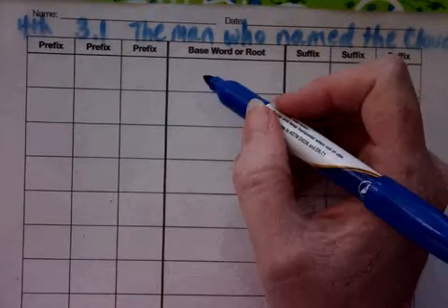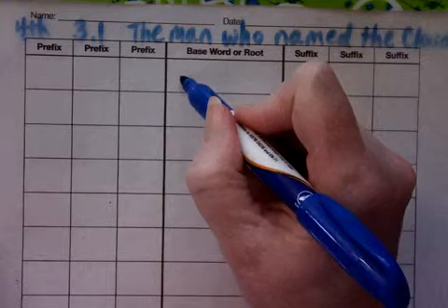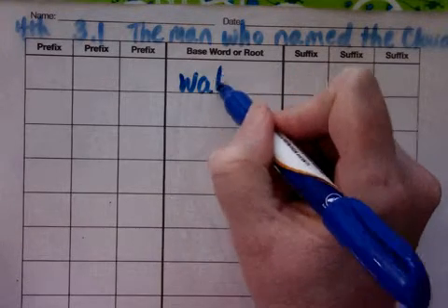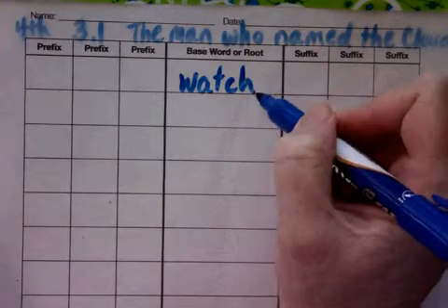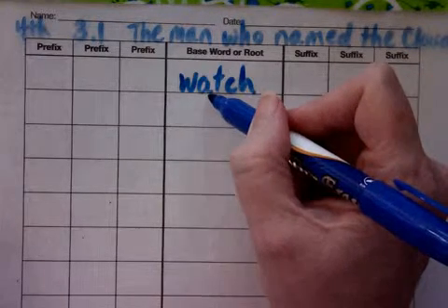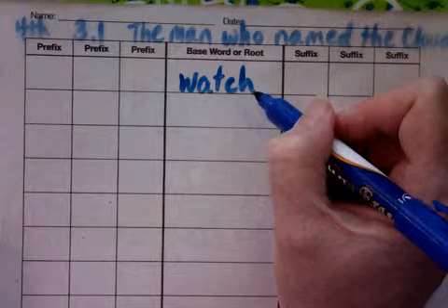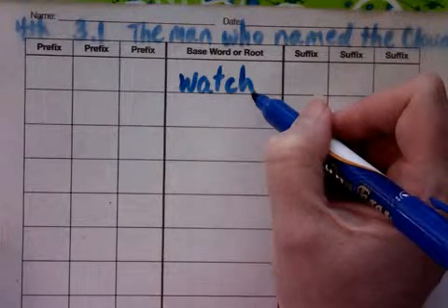Your first word is going to be watched. I watched the game. Let's do our base word, which is watch. For a ch at the end of a syllable following a single short vowel, the ch is spelled with a TCH. Okay, that should always happen.